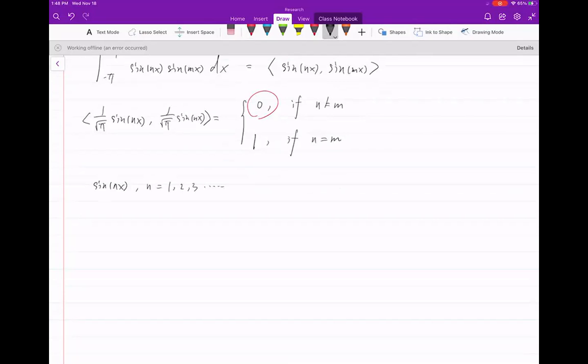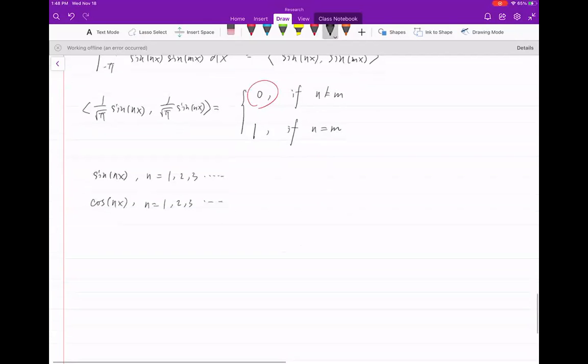Now we need to add in something more. We also need all the cosine nx for periodic. The reason is because sine x always has 0 on the two ending points, but you may have some wave which starts from non-zero, so you need some of the cosine. And then you need to add one more, that is a constant, which is basically 1.